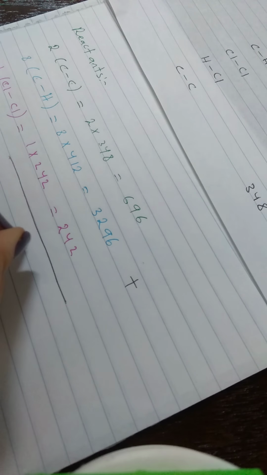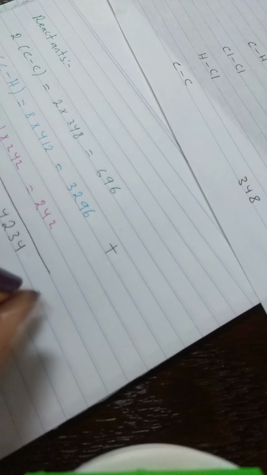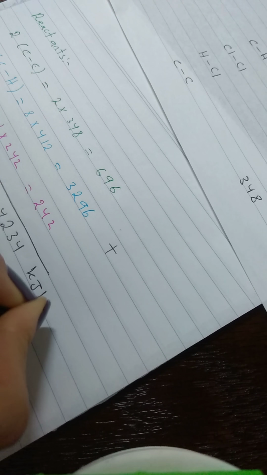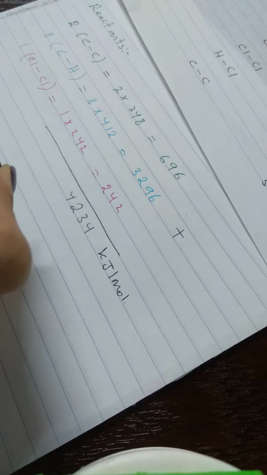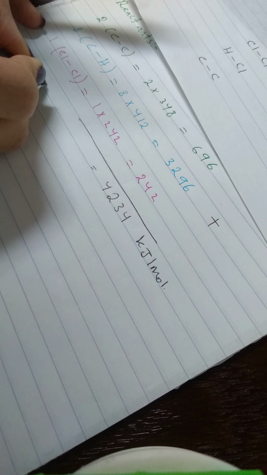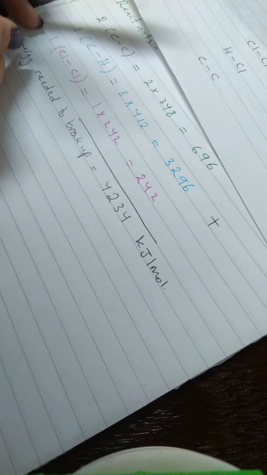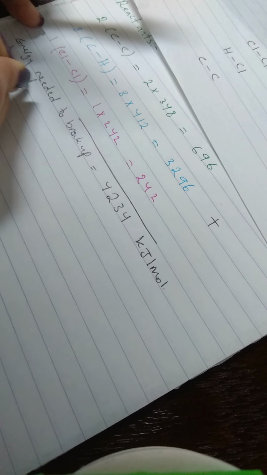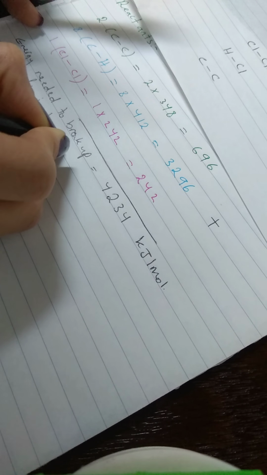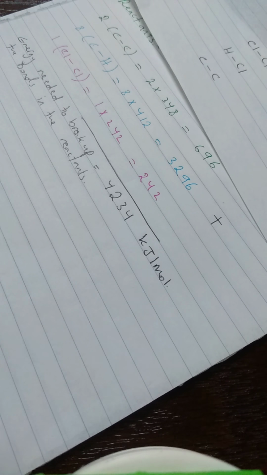The summation will be 4,234 kilojoules per mole. This is the energy needed to break up the bonds in the reactants. 4,234. Now let's go to the products.